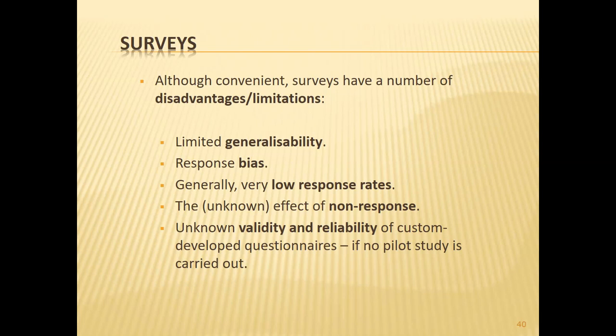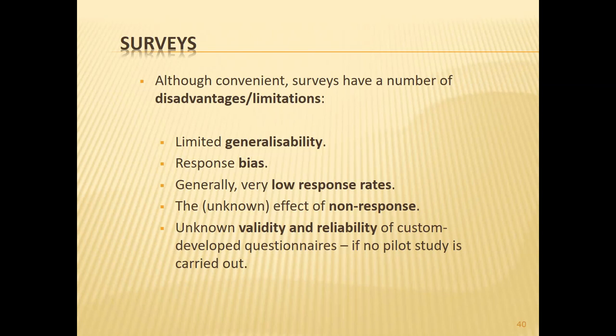Now if you think about it, 20% is actually very low as a number, and that is because many people just ignore surveys. You hand them out on paper, or you send them an email with a link to an online survey. People are busy, they don't really care, and a lot of the time they just ignore it. So to get 20% is actually quite good.